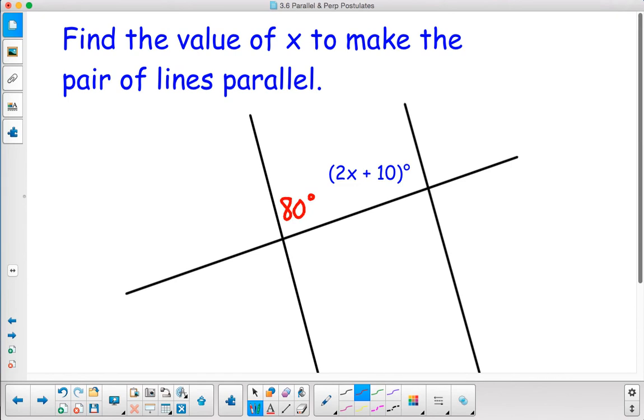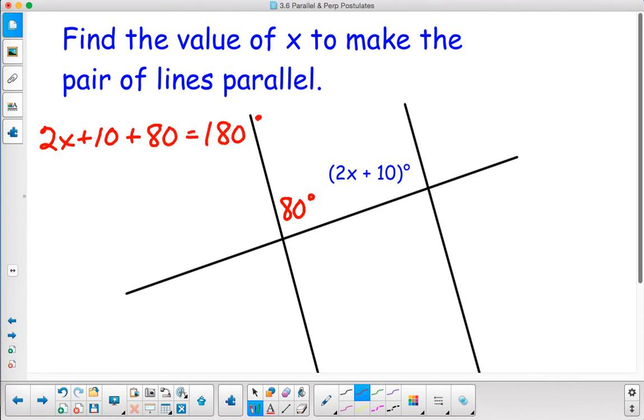Let's put an angle right here of 80 degrees. Now the two angles in the picture are not congruent because they're the same side interior angles. The converse says that those have to be supplementary. So in this one, you're not going to set them equal. You're going to set 2x plus 10 plus 80 equal 180.